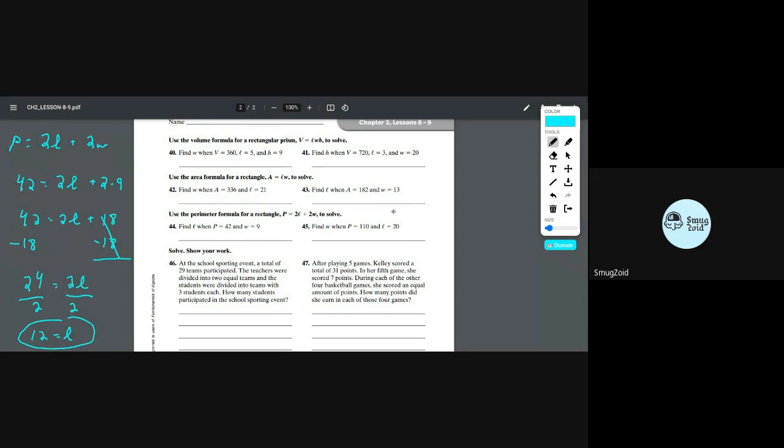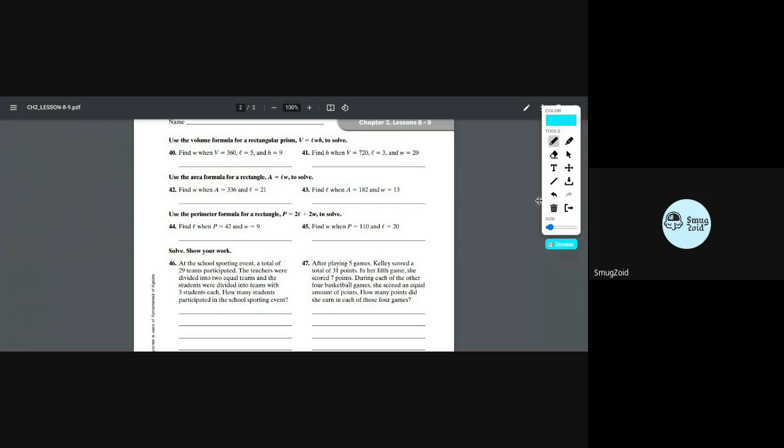Nice. Let's try this one over here. Perimeter equals 2L plus 2W. That should be 110 equals 2 times 20 plus 2 times W. Well, 2 times 20 is 40, right? 110 equals 40 plus 2W.